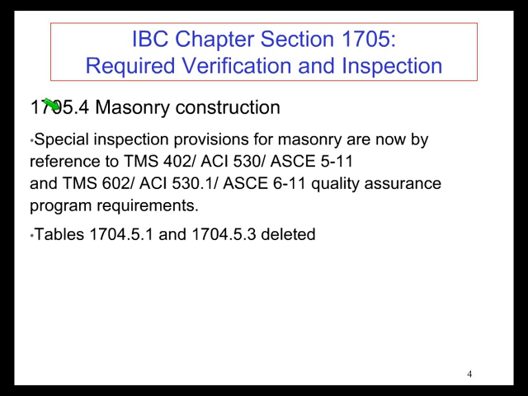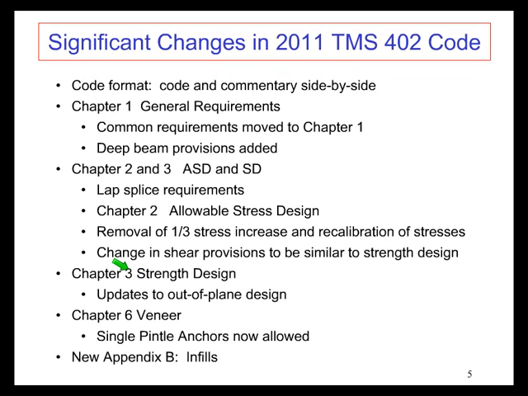They used to have tables in the IBC that essentially were the tables that were in the MSJC Code. Those have been removed. Tables 1704.5.1 and 1704.5.3 were deleted and are now just referenced to the MSJC Code. So that's just a brief background on the International Building Code and what happens there.